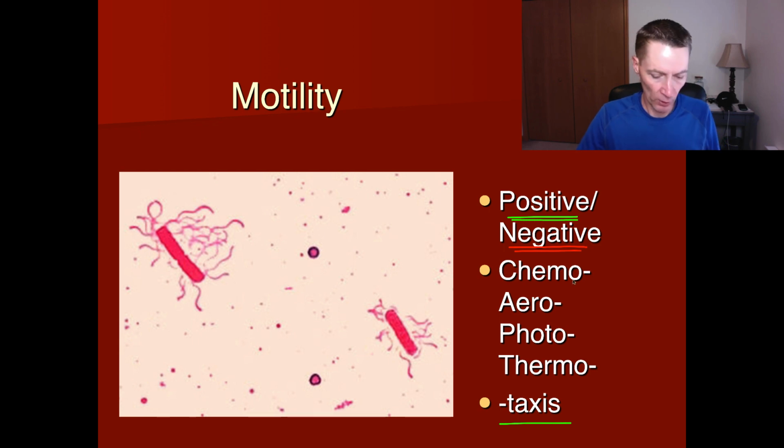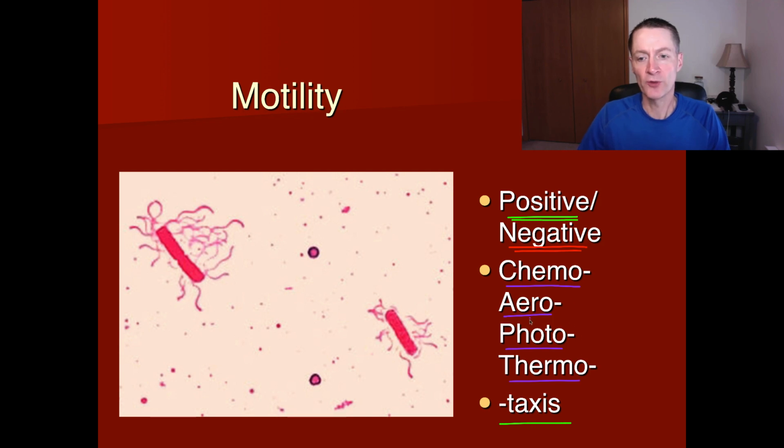And this is where we run into the middle portion of the word, another prefix, so these would be prefixes to the word. Positive or negative would be placed in front, moving towards something or away from something. But then we could be talking about a chemical, oxygen, light, temperature, and I'm sure there's more than just this list that I have here.